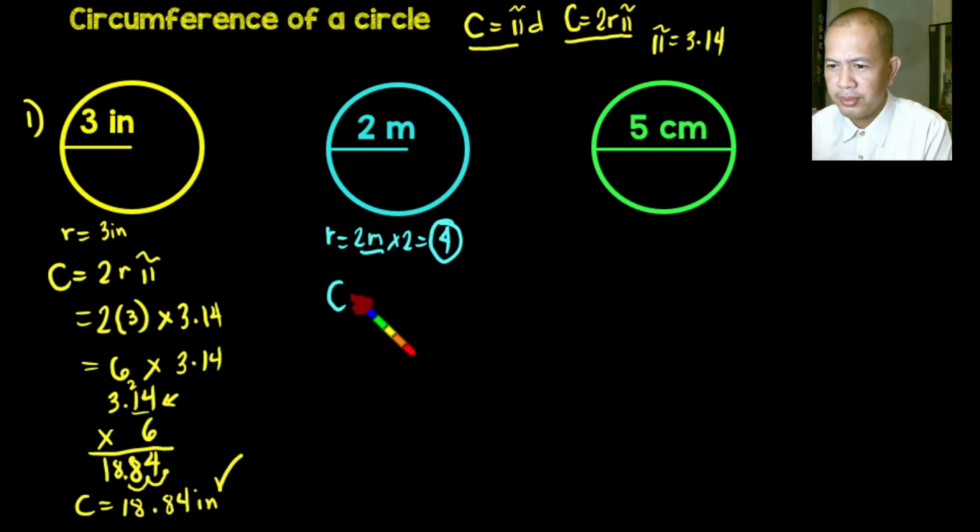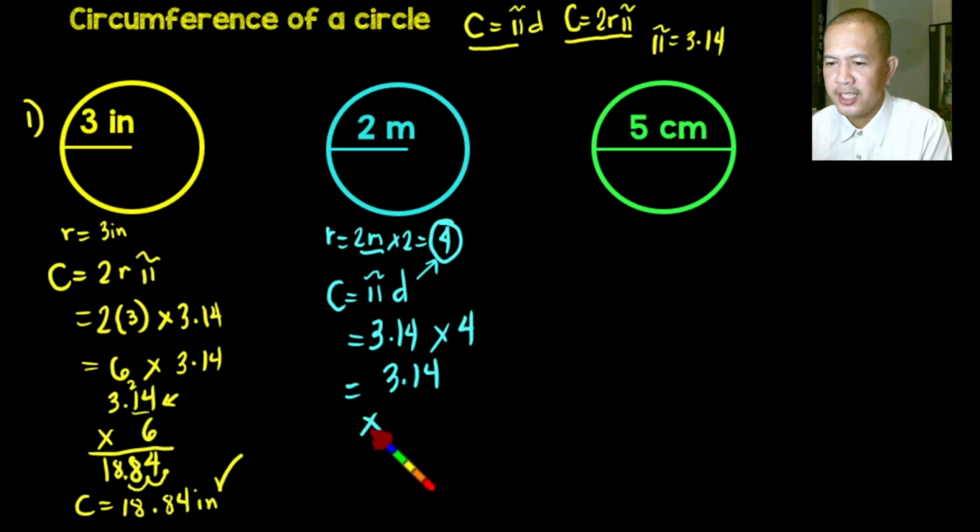Using the formula circumference is equal to pi times diameter, our equivalent of pi is 3.14, multiplying it to our diameter, which is 4. Then we can write that vertically: 3.14 times 4. Multiplying now, 4 times 4, you get 16, carry 1. 4 times 1 is 4, plus 1, you get 5.